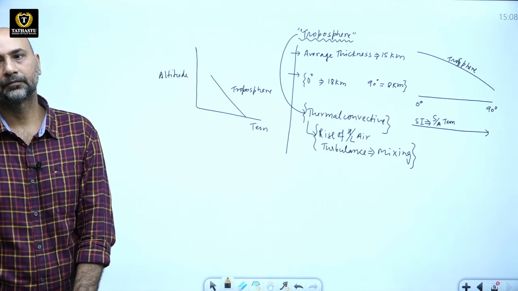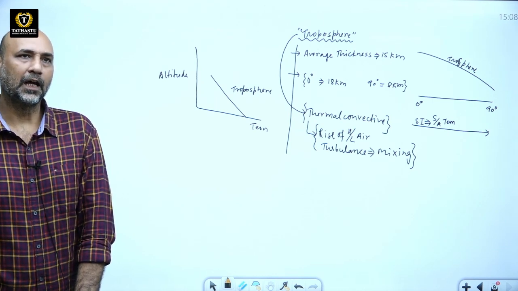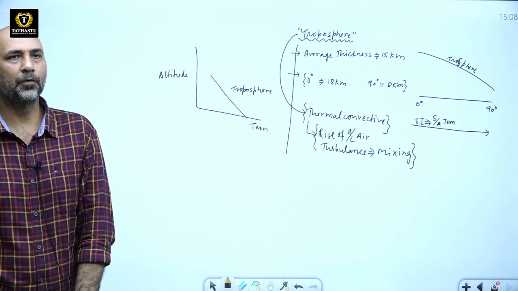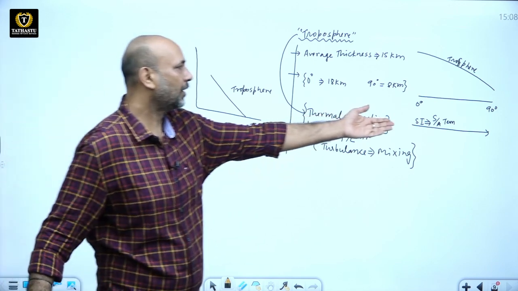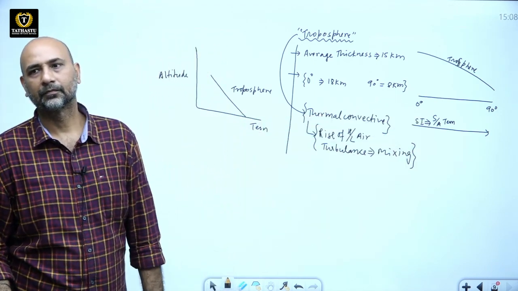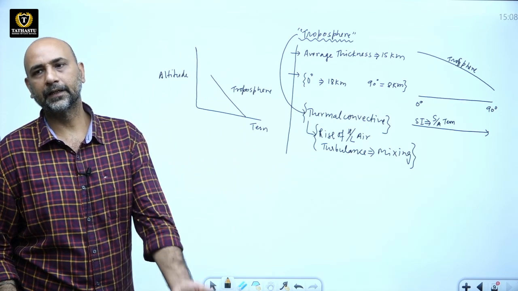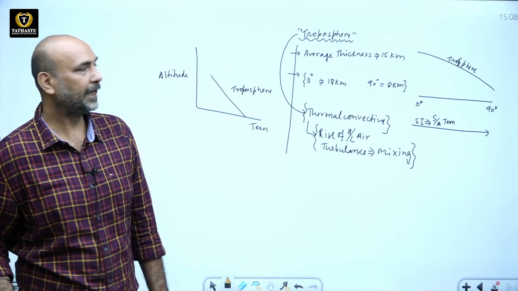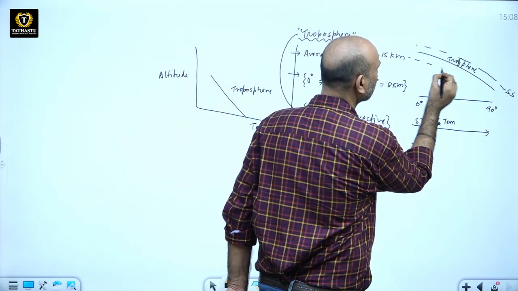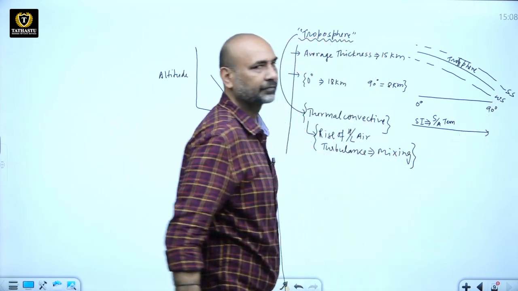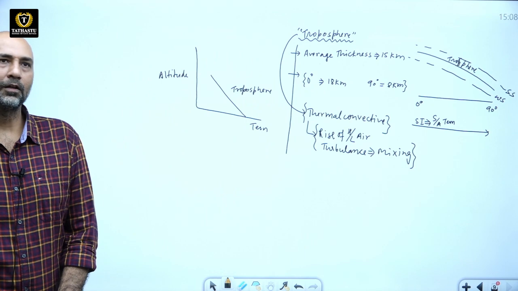First point, yesterday I have already explained, surface heating is the source of tropospheric heating. From here we can derive: wherever the surface is more heated, tropospheric thickness is increased. So again we can say, in the summer season, the troposphere is thicker compared to the winter season. We can also draw such conclusions.